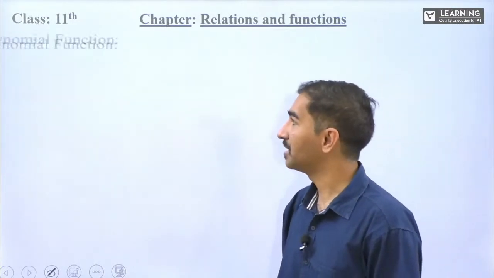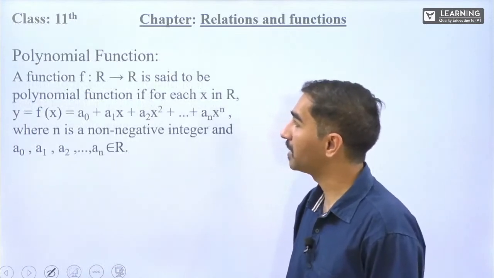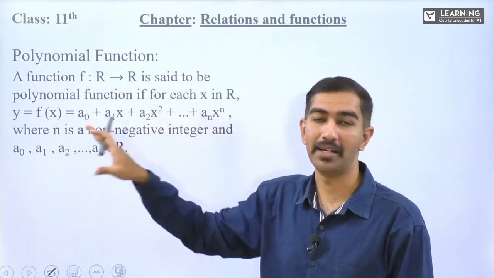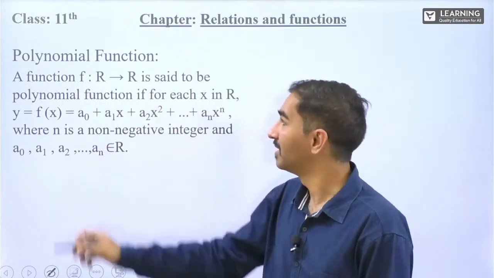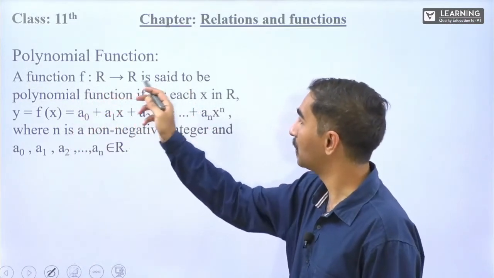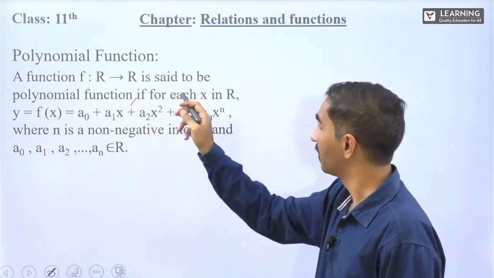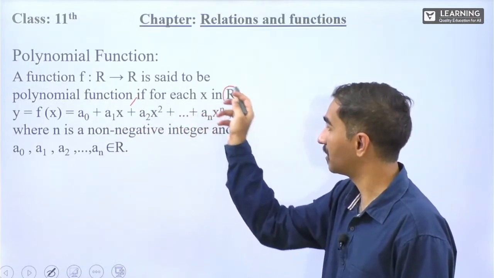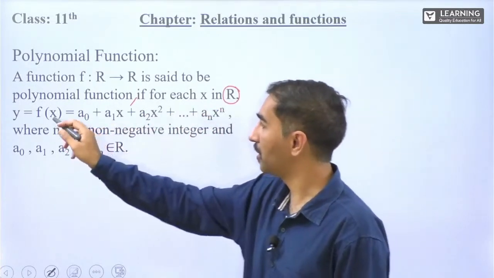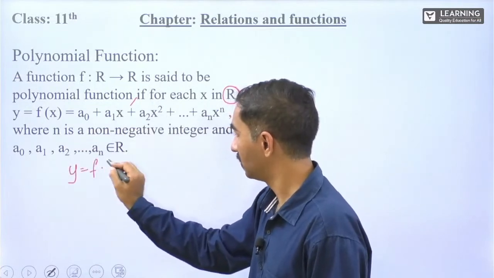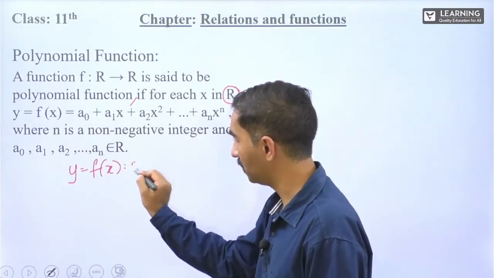So the next function is polynomial function. Again we'll read the definition, have a look at the graph, understand it very nicely. A function f from R to R is said to be a polynomial function, if for each x in R, the set of real numbers, y is equal to f of x is equal to x.